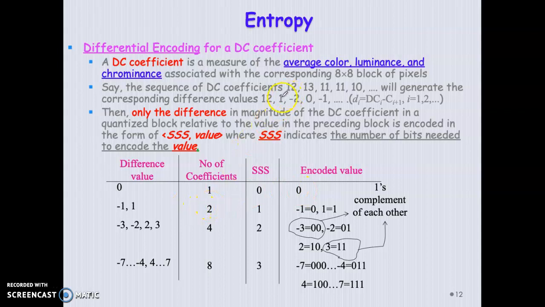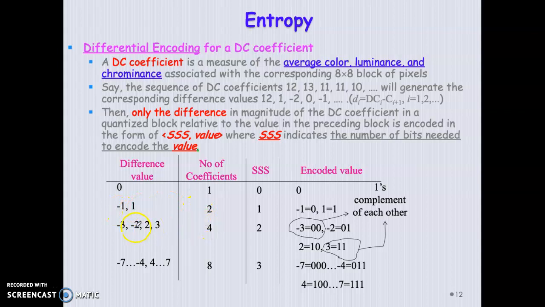If the difference is negative 1 or 1, you will need 1 bit, and the number of coefficients is 2. 2 power of 1 is 2, so that's why you need 1 bit.